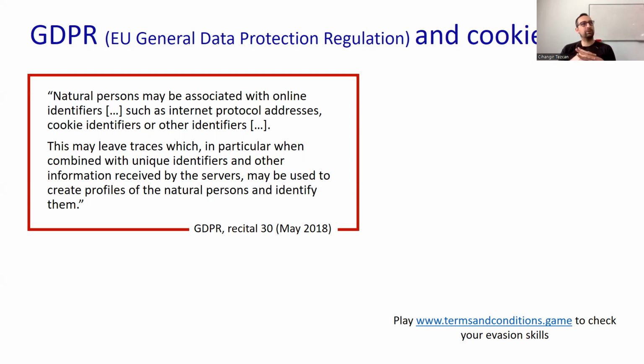So they say that as long as you are anonymously represented with an identifier, it is okay with GDPR. But this may leave traces which, in particular when combined with unique identifiers and other information received by the servers, may be used to create profiles of the natural persons and identify them. So at that point, you have to abide by the laws created by GDPR.